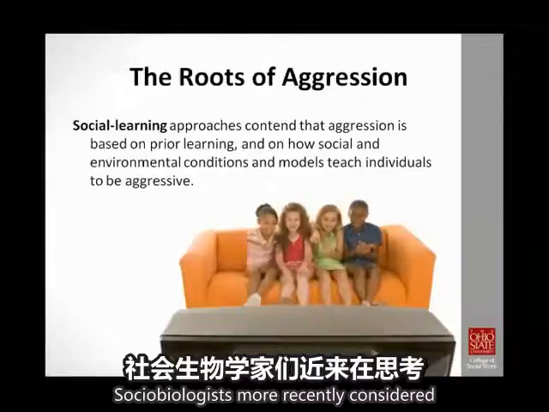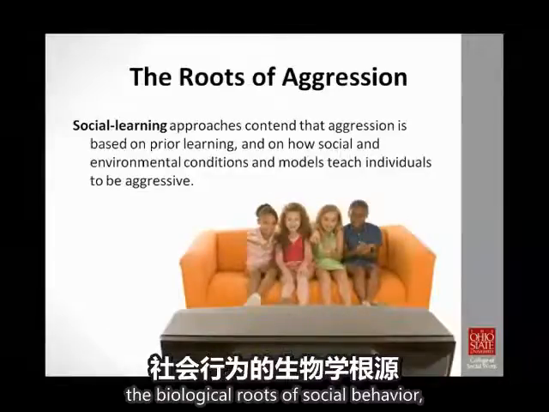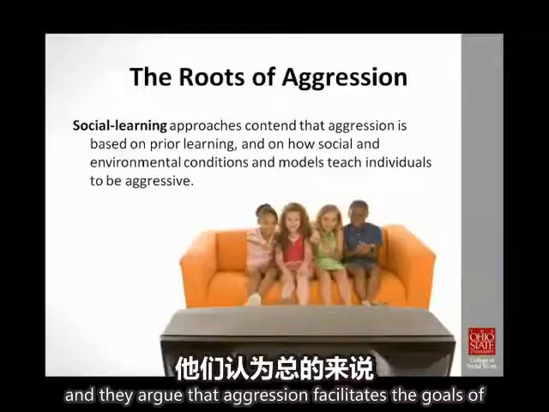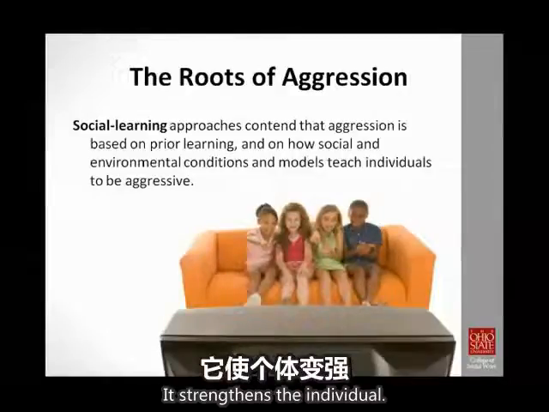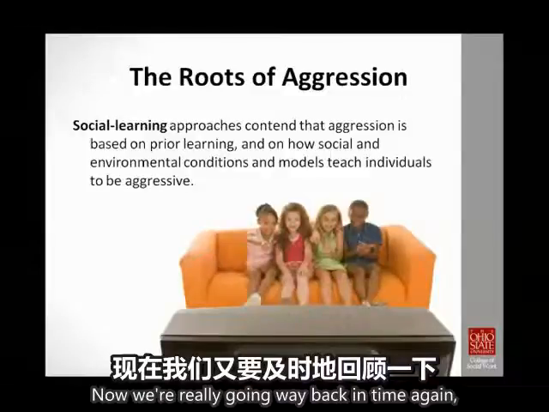Sociobiologists more recently considered the biological roots of social behavior, and they argue that aggression facilitates the goals of strengthening the species and the gene pool in general. It strengthens the individual. Now we're really going way back in time again.